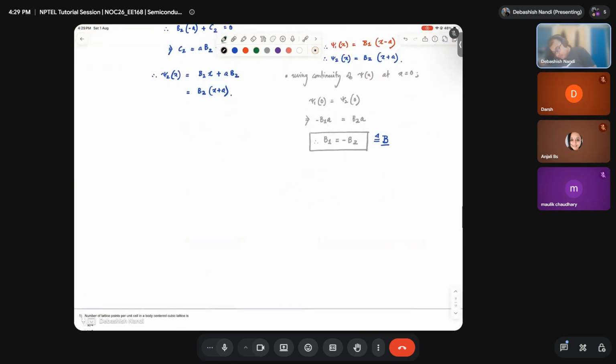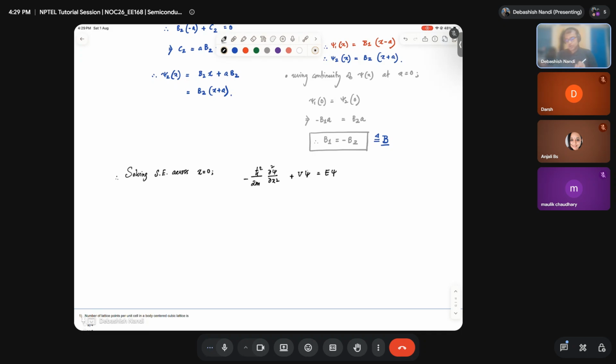So now, solving the Schrodinger equation across x equal to 0, I will have minus h bar square by 2m del square psi by del x square plus V of psi equal to E of psi.